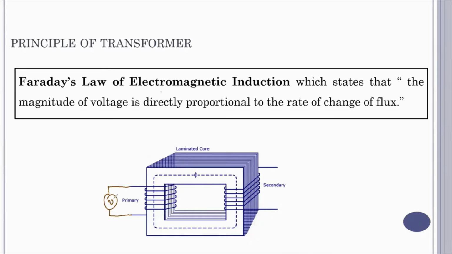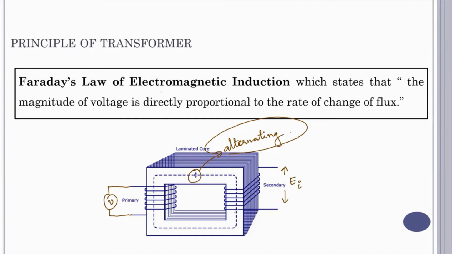As the primary is connected to an alternating voltage source, this primary coil is excited, and because of that, a flux is generated. This flux is also alternating, and whenever the flux associated with a coil is changing with respect to time, an EMF is induced across the secondary.